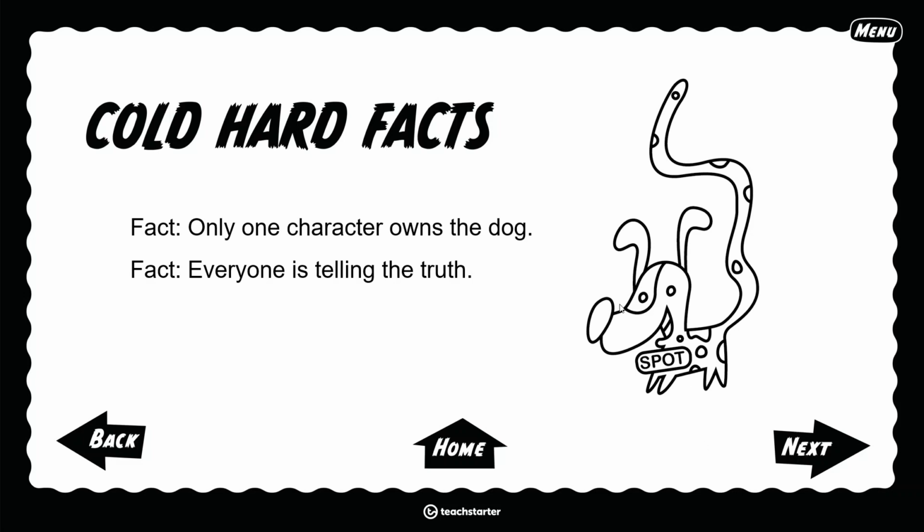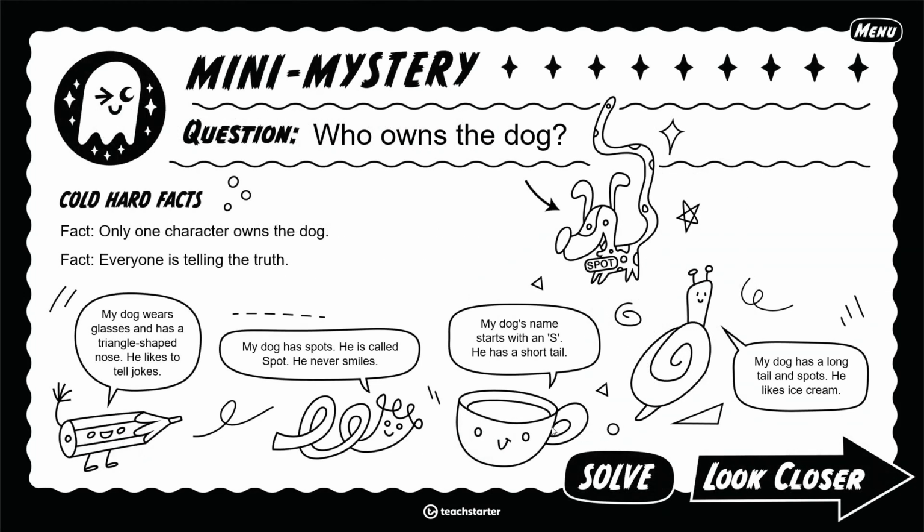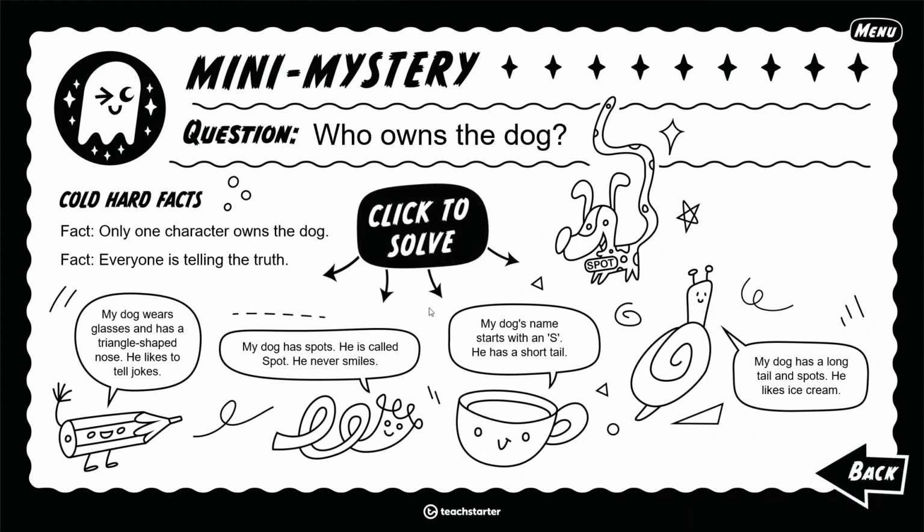Go to next, and then the solve button. Once students think that they know who owns the dog, we get a click to solve, so we can choose any of these options to figure out if they own Spot.